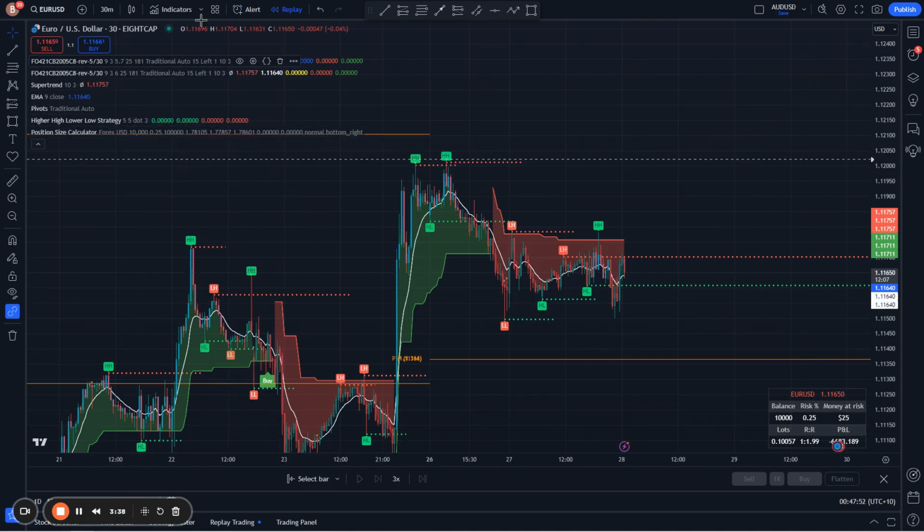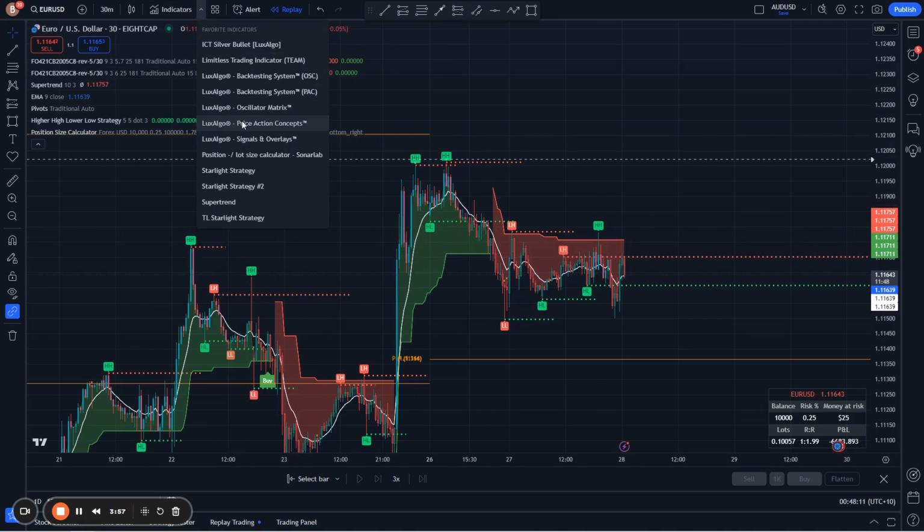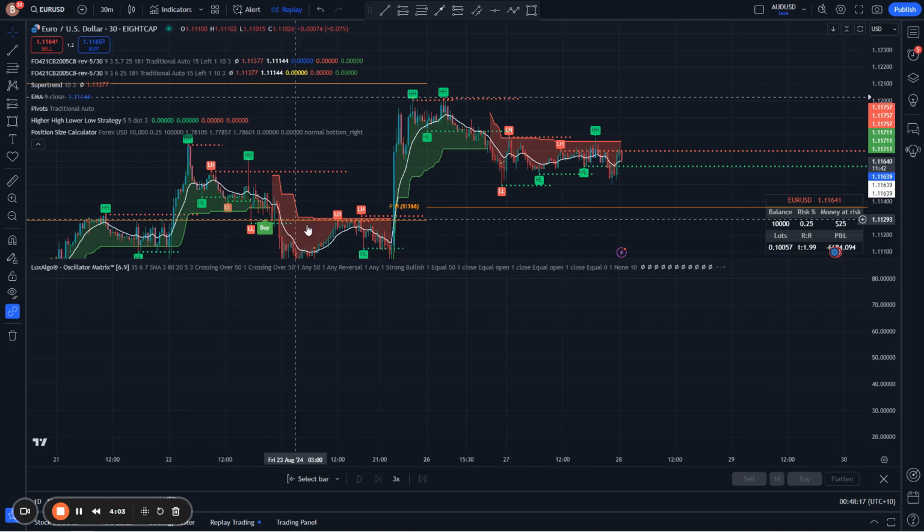You can see when you start to get quite a few more indicators on here, and I might even add another one onto these charts right now, just to show you how busy it can get within this charting tab here. You really don't want to go too much over what we already have here. For example, I could chuck on, let's just try this and put the oscillator matrix on.